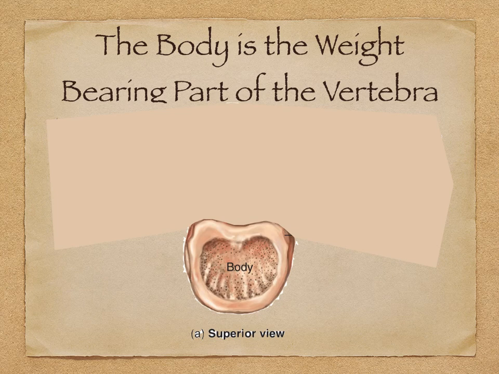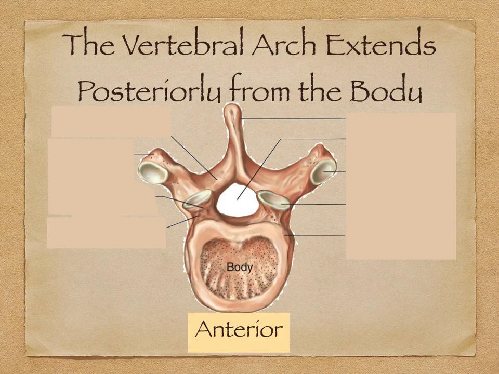And this body then has all of this other stuff attached to the back of it. And be aware of directions here. The body is anterior. Since your vertebral column is in the back of you, of the vertebrae themselves, the body is facing into your body cavity. Whereas these other features I've added are the ones that are sticking out behind you.